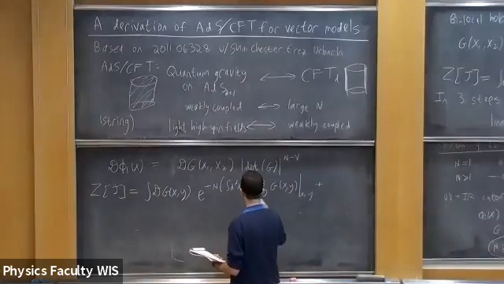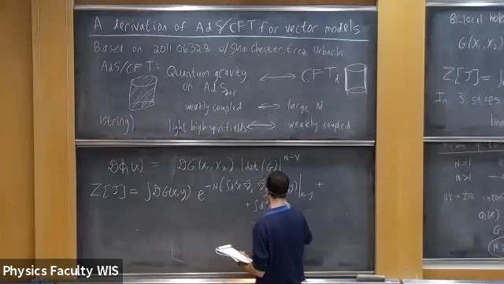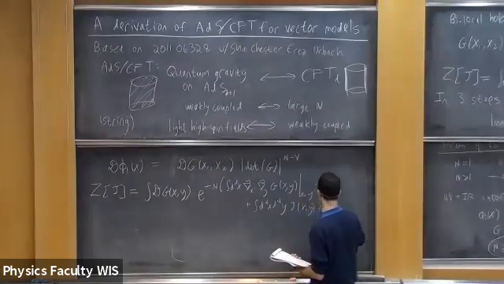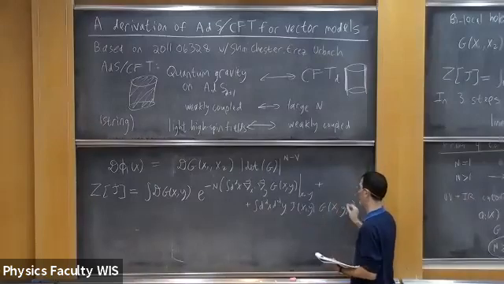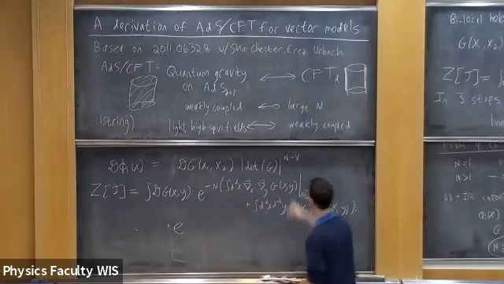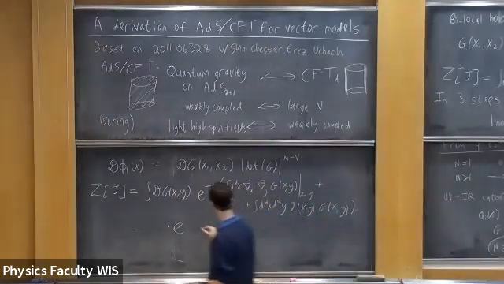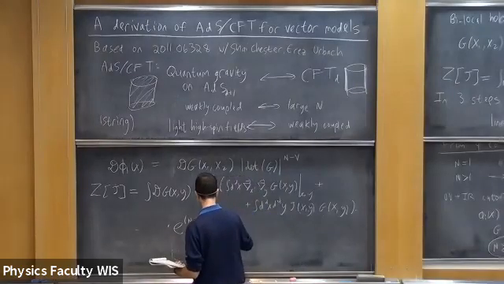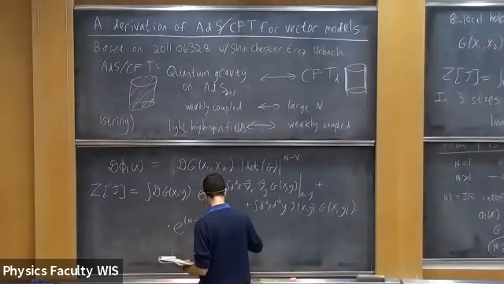Our source term was already originally written in terms of G, so that's easy to translate to this bilocal language. And then the only other term that we get in the path integral is this determinant of G raised to the power n minus V, which as usual we can write as e to the n minus V times the trace of the log of this matrix G.